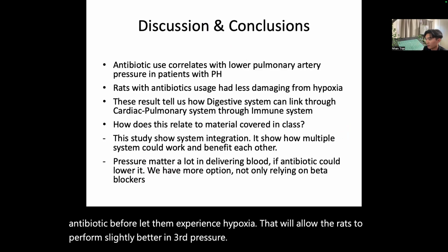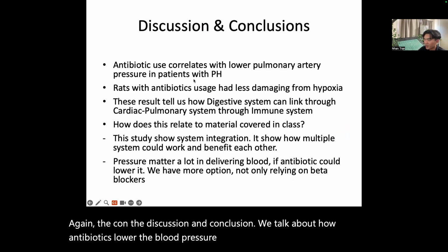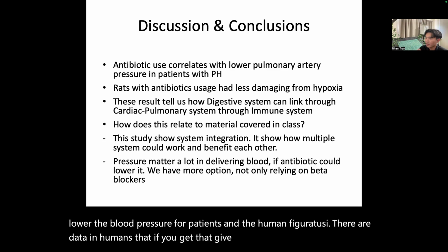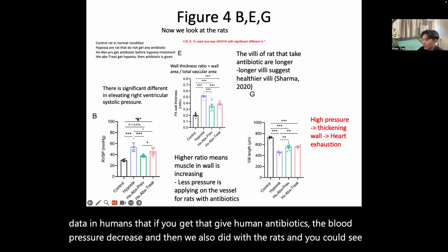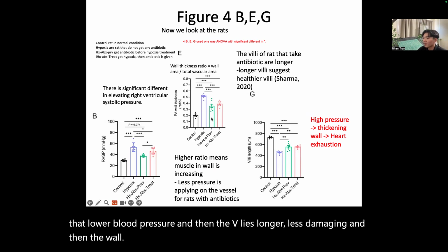Again, in the discussion and conclusion, we talk about how antibiotics lower the blood pressure for patients in the human figure 2C. There are data in humans that if you give humans antibiotics, the blood pressure decreases. And then we also did it with the rats, and you could see lower blood pressure, and then the villi is longer, less damaging, and then the wall, the muscle ratio.